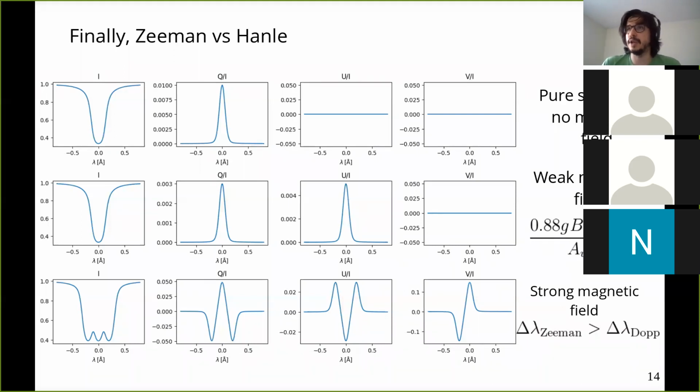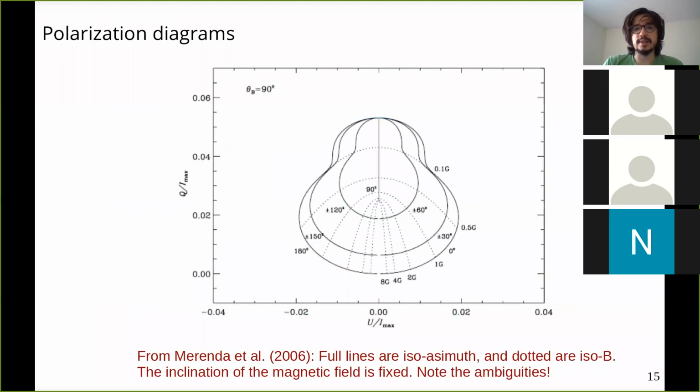But it's easier for us to understand and to track this if we split them into these regimes like this. Okay, very good. And now we're going to get into some really mind-boggling things: what people like to do is create these polarization diagrams.